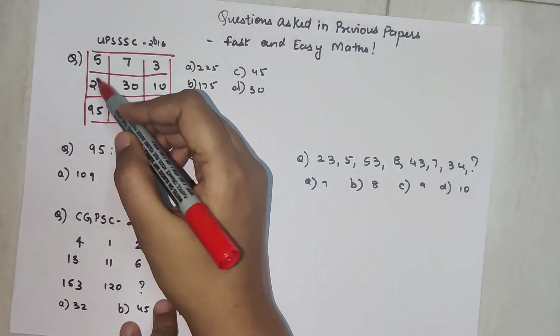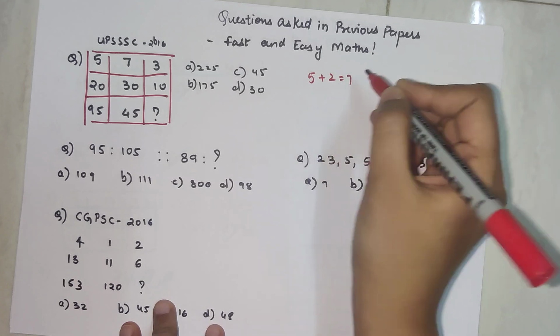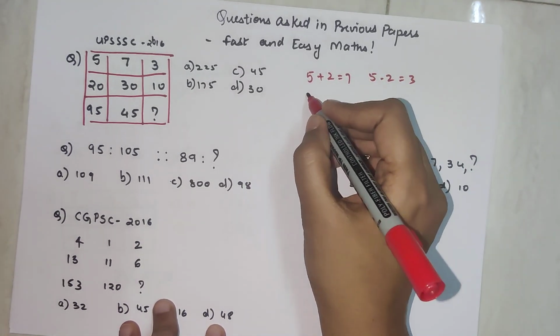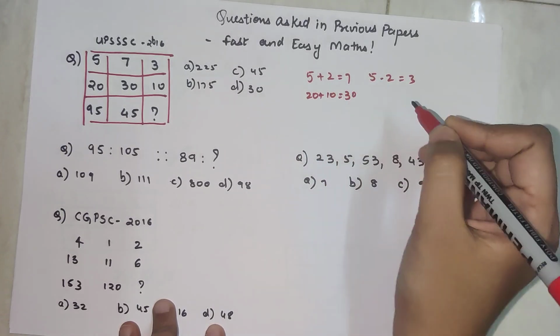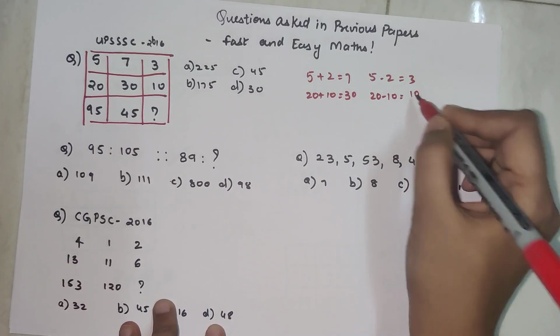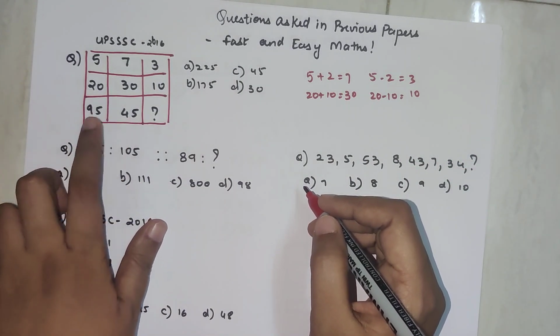Look at the first column. If I add 5 plus 2, I get 7. And if I subtract 5 minus 2, I get 3. Similarly, if I add 20 plus 10, I get 30, and if I subtract 20 minus 10, I get 10. So here we need to see what is the difference.